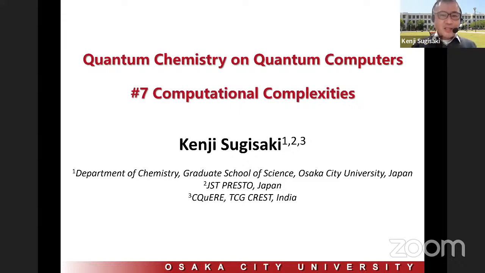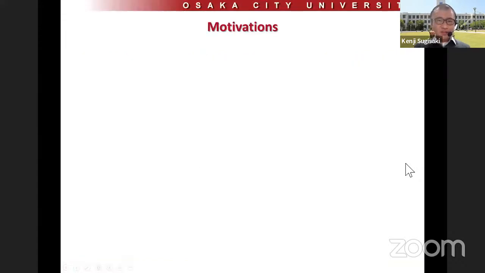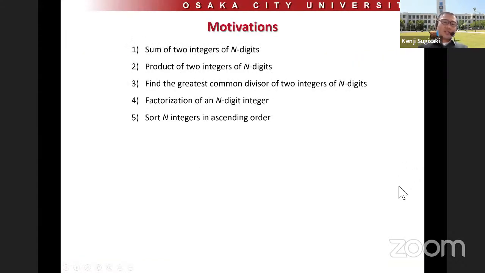So let us start by thinking about the motivations. Let us think about these 5 problems. For example, the sum of 2 integers of n digits, the product of 2 integers of n digits, finding the greatest common divisor of 2 integers of n digits, factorization of n digit integers, and sorting n integers in ascending order.